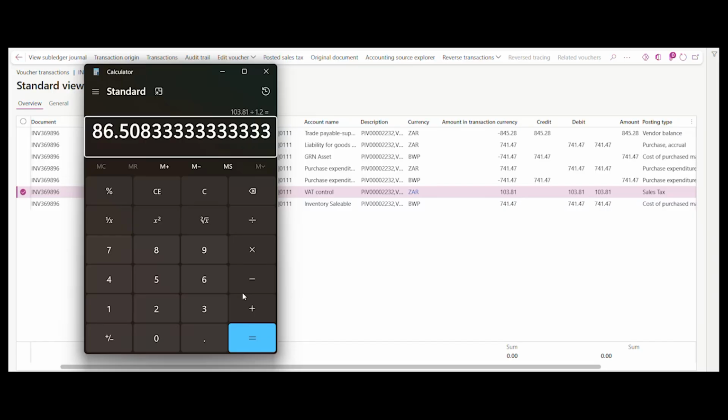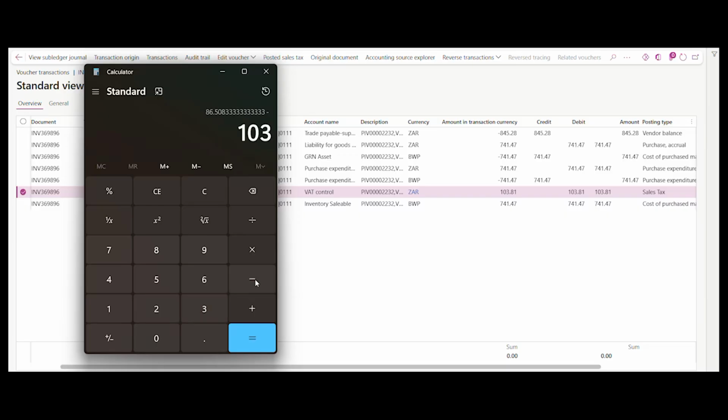But because of the fixed exchange rate, we have already taken 103.81. So for the 17.30 we need to pass an adjustment, so that there will not be any irregularities for the VAT filing.